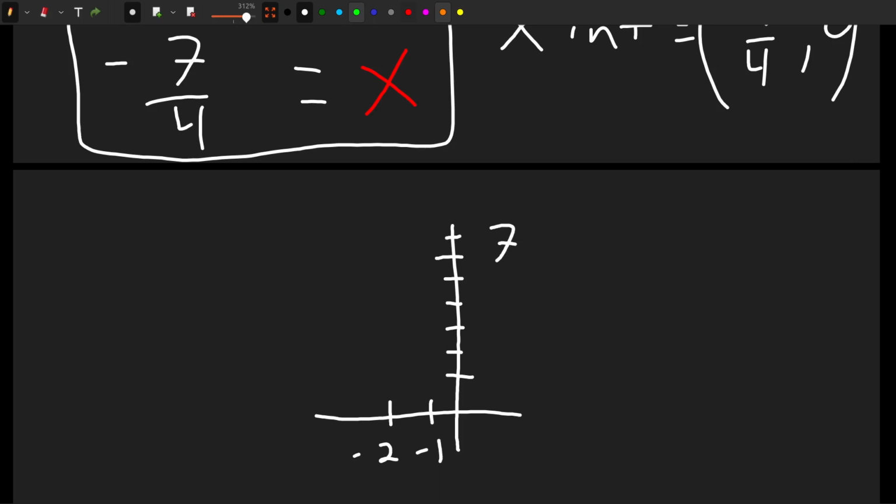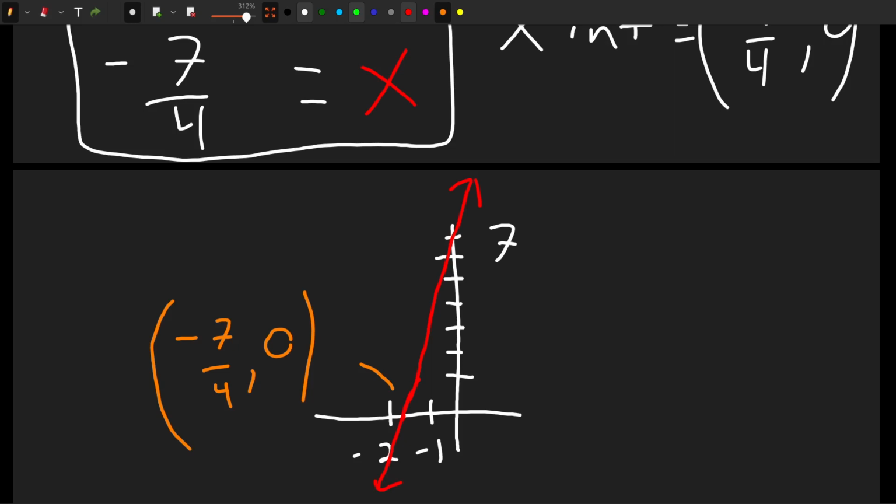I would basically be left with a line that looks very similar to this. Something that looks like that, where this is negative 7 over 4, 0, and this over here is 0, 7.